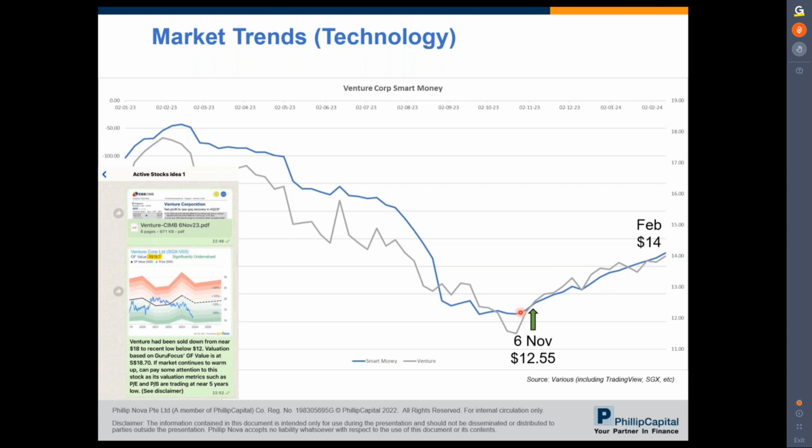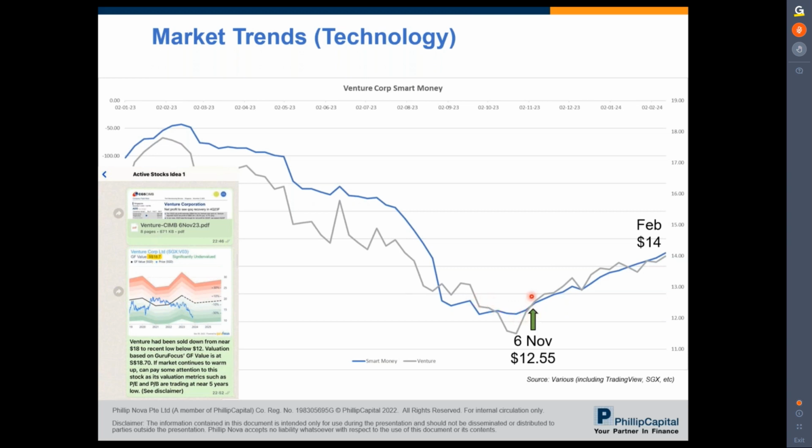As I mentioned, the way to use the smart money chart is very similar to how we use the price chart of a stock with technical analysis. You can do so by drawing a trend line or looking for key support and resistance levels. In this case, the key resistance levels are a point here and a point here.